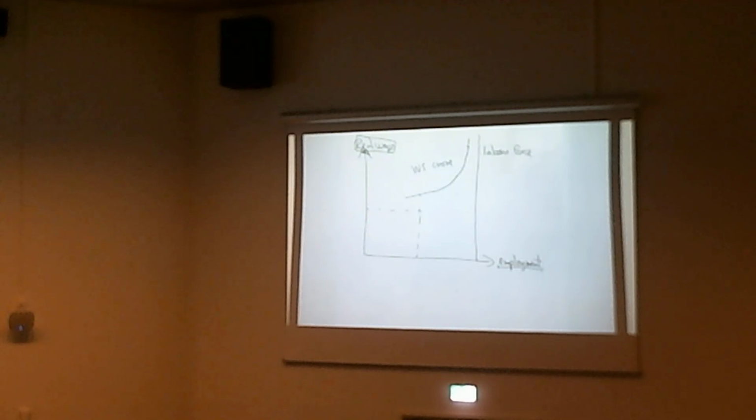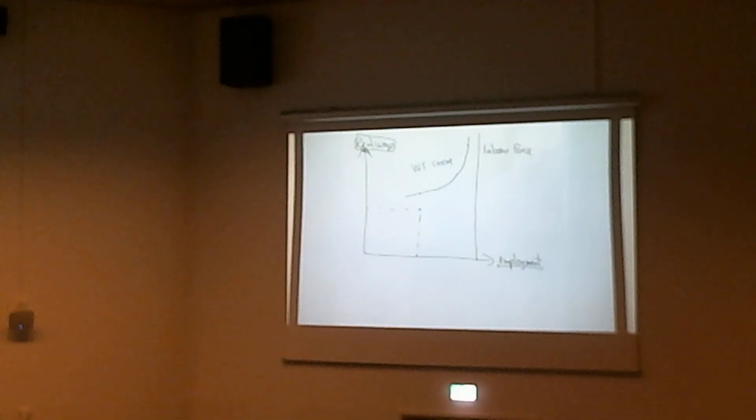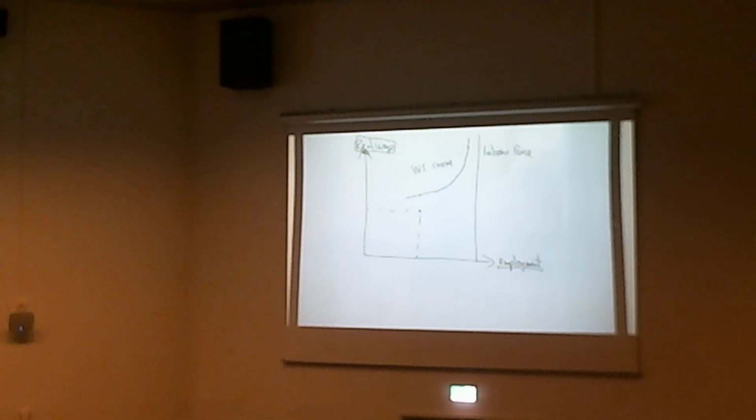And then we look at a way to explain it. Or rather, if you shift the WS curve upwards and to the left, what could be the reasons? To think about this, you can use the value of the job.